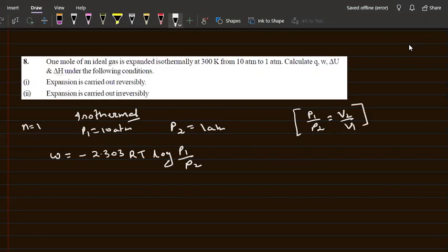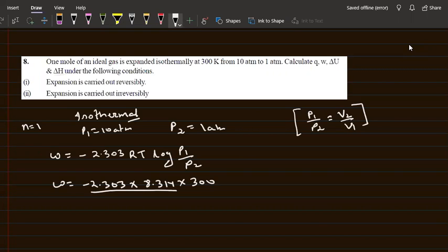Because it is log base 10, P1 is 10, P2 is 1. So it is log 10 by 1, which is 1. So W will just be minus 2.303 into 8.314 into 300. This value you should remember. Instead of multiplying every time, just remember the value of 2.3 into 8.3, then into 300.